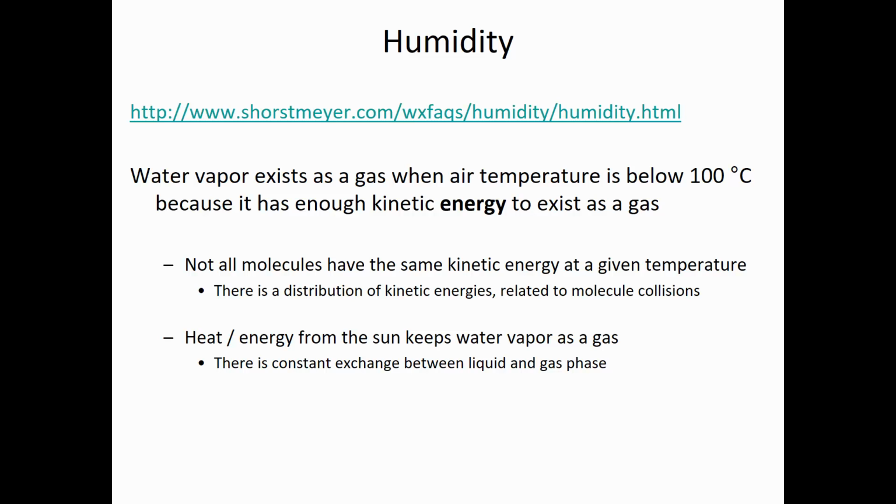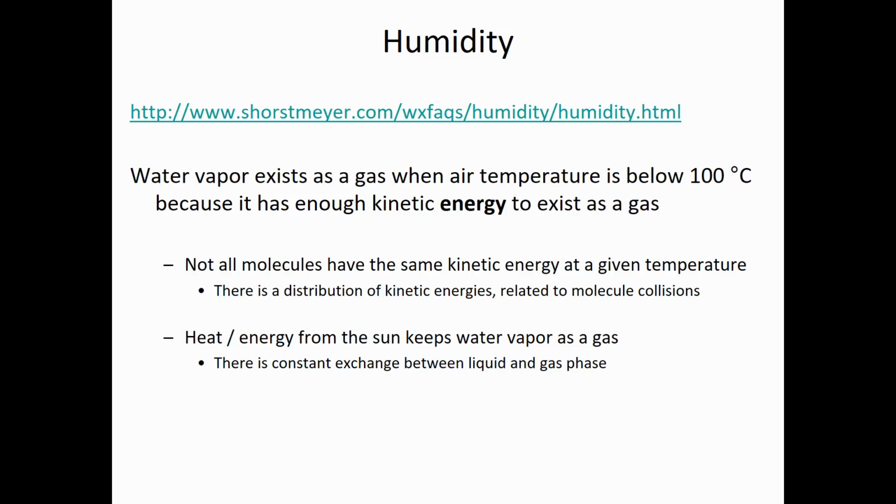And so most of the water molecules are going at some average speed, but there's a small fraction that maybe got bumped into 3 times in a row in the same direction, and so now it has a lot of energy. And there's not very many of them that had those successive collisions in the same direction. But a small fraction of those will have a lot of kinetic energy just because of whatever random collision patterns have been occurring.